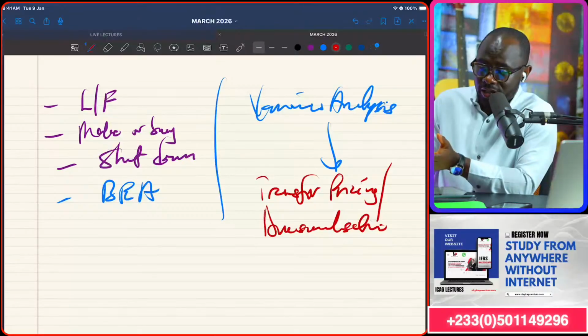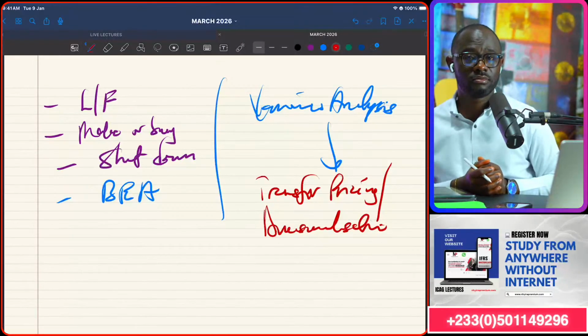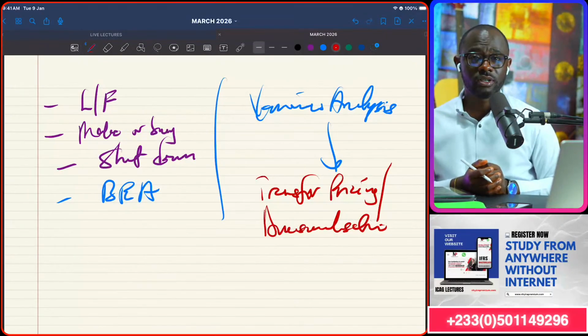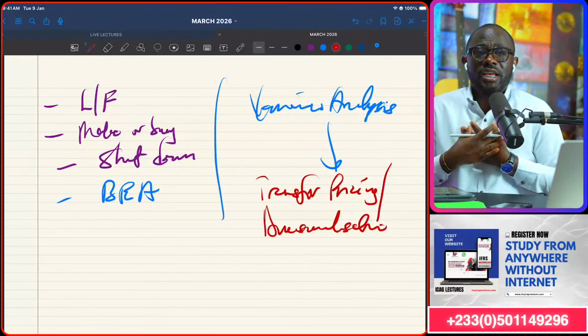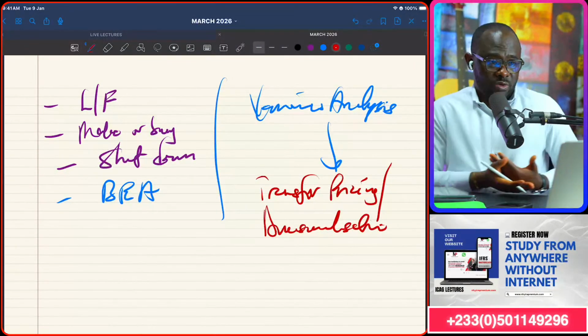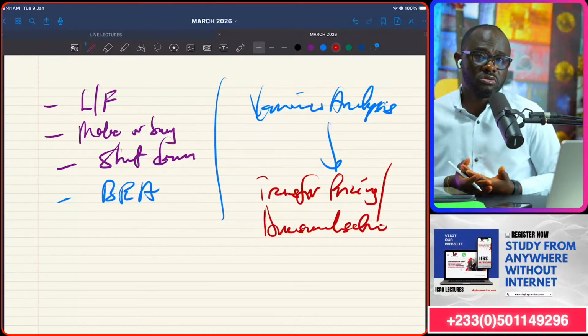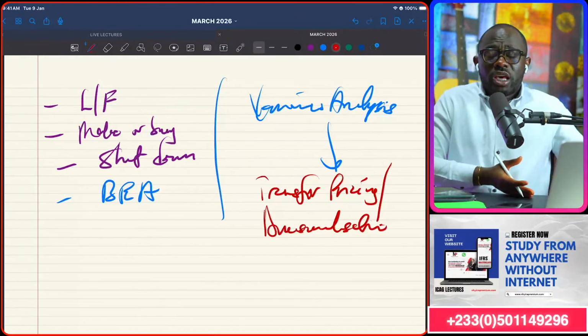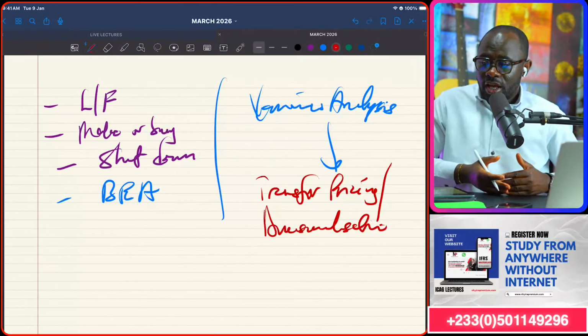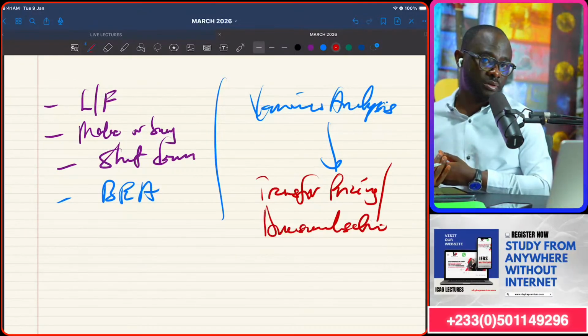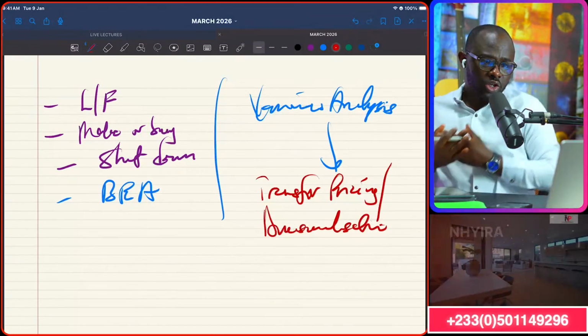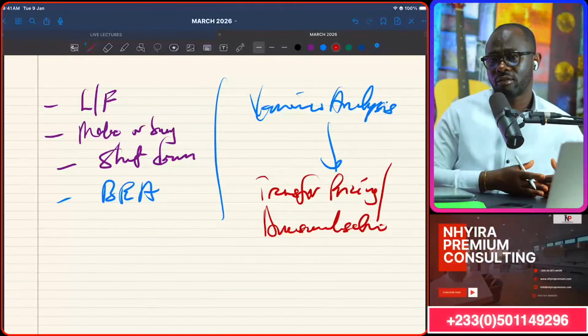Why? Because that is important. Because if we are determining the transfer price, we have to look at the marginal cost. Sometimes we can be asked to calculate the transfer price using the activity-based costing principle. Okay? So it depends on the context of the question.